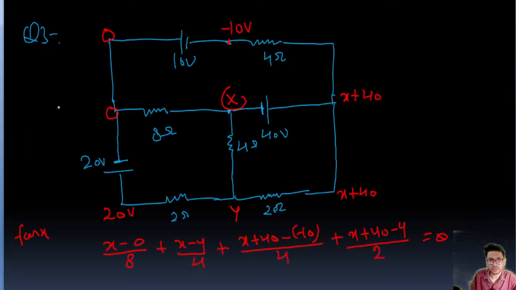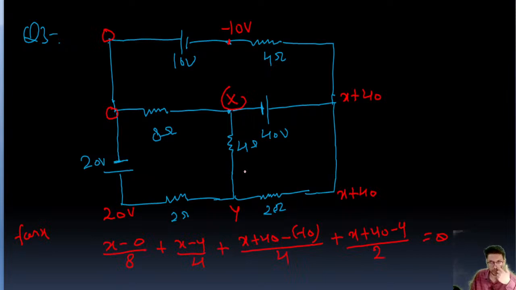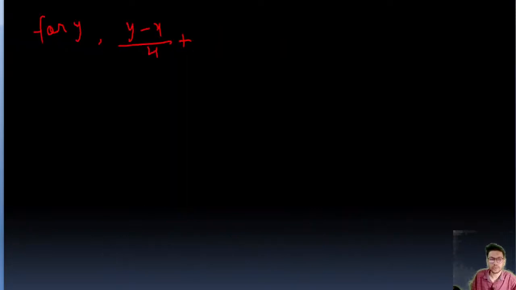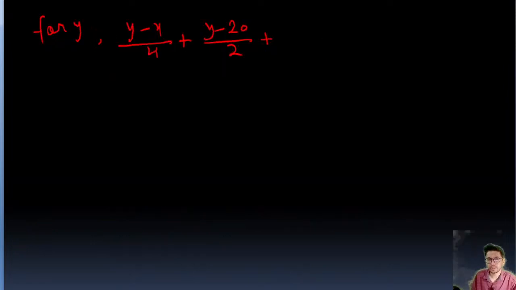Now for y, it is going to be y minus x upon 4, plus y minus 20 upon 2, and y minus x is done.